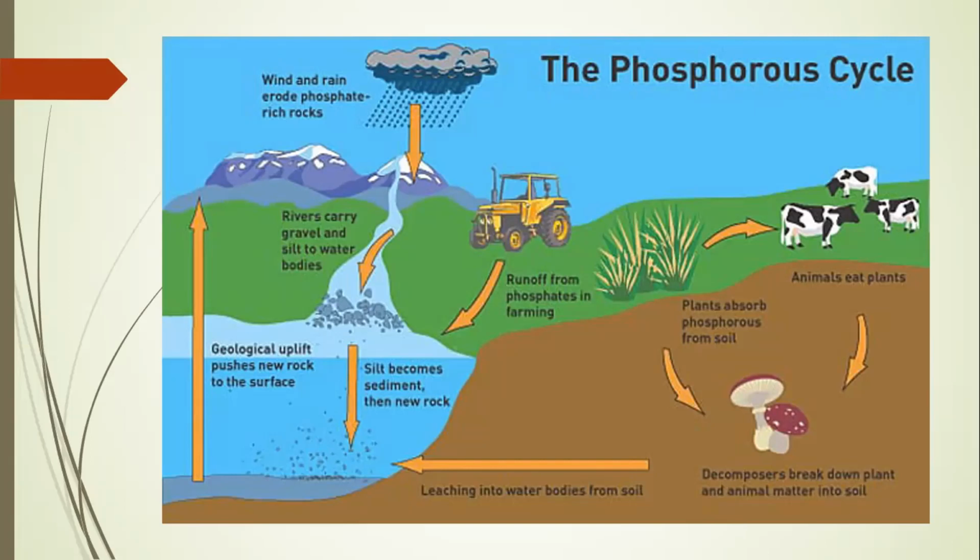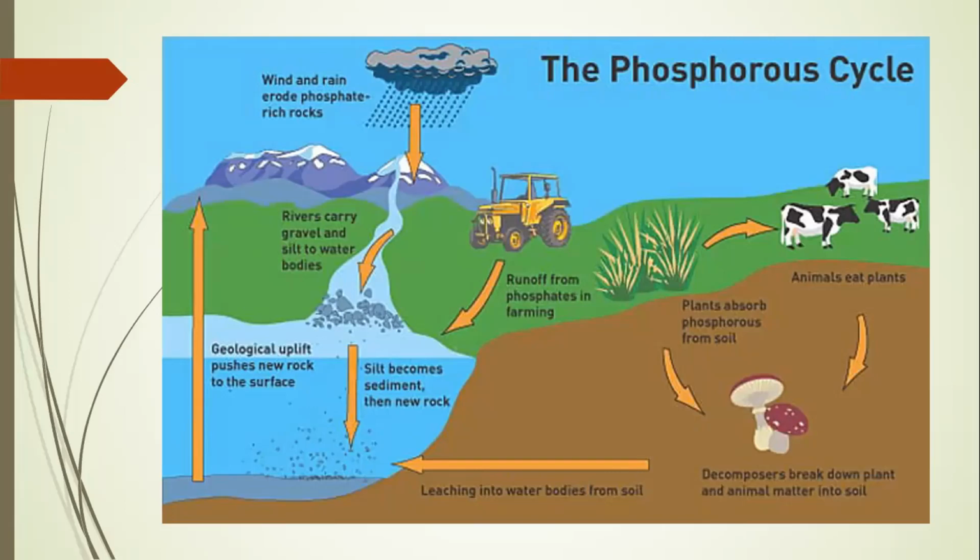So this is like a cycle in and of itself. And then those ions may fall to the bottom of the ocean or riverbed, and the process starts over again. Also in agriculture, you have a certain amount of phosphates that are water soluble that end up moving through the rivers and the creeks and find their way into the oceans also.